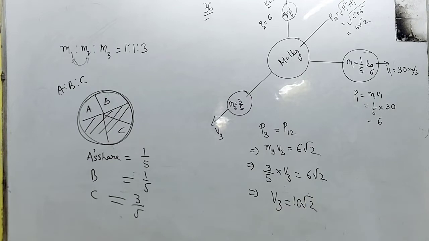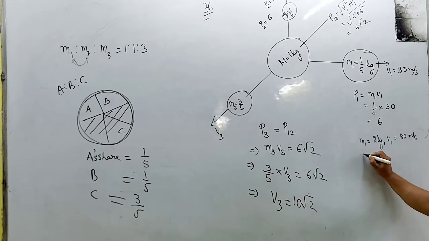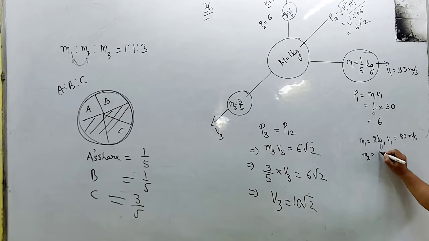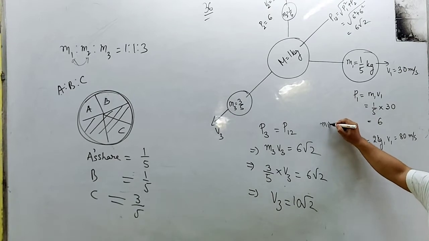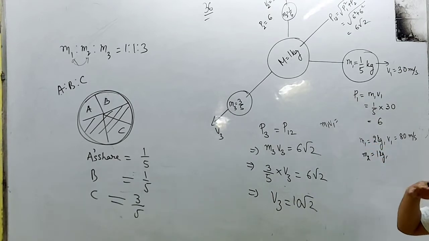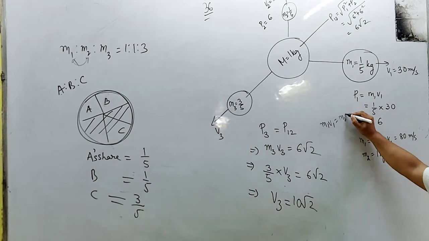By applying m1 v1 equals m2 v2, because this is an explosion into two pieces, the momentum of the first fragment is equal to the momentum of the second fragment.